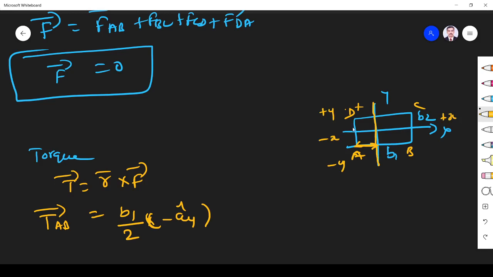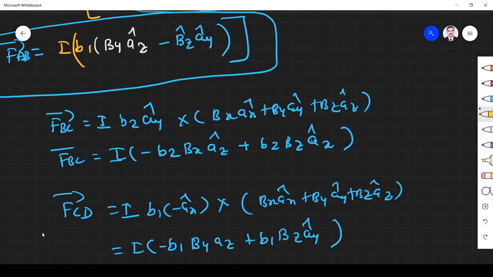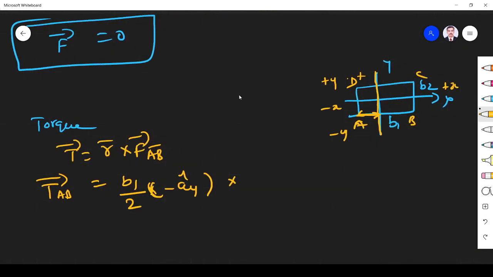Okay, right. So cross F, F is, we know, FAB. FAB we found in the previous step, right? This is what our FAB is, I into B1, BY, AZ, BZ, AY. Substitute that, right? So cross I into B1, BY, AZ minus BZ, AY.